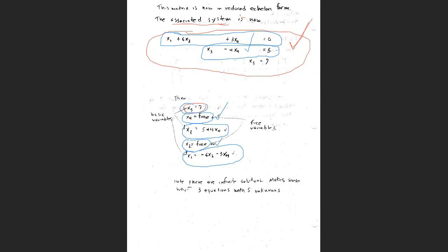Okay, and so this is an example. Is the system consistent? Is this system of equations consistent or inconsistent? What do you think? Well, did we get a solution?